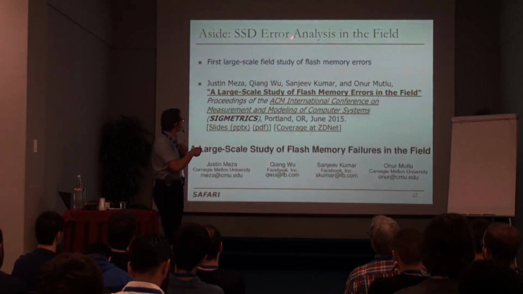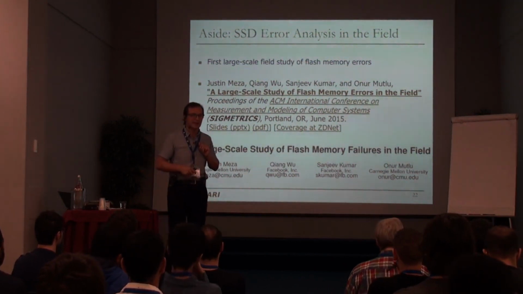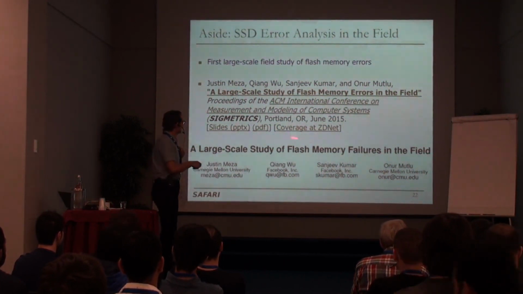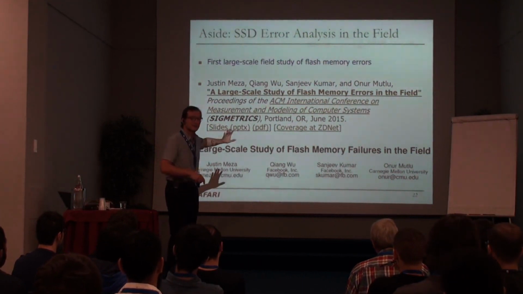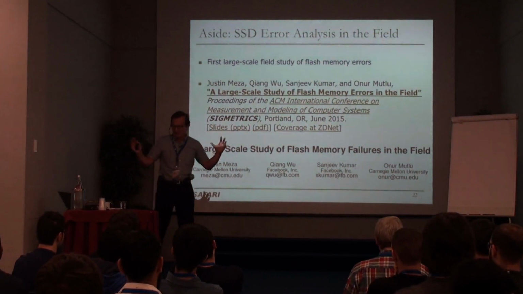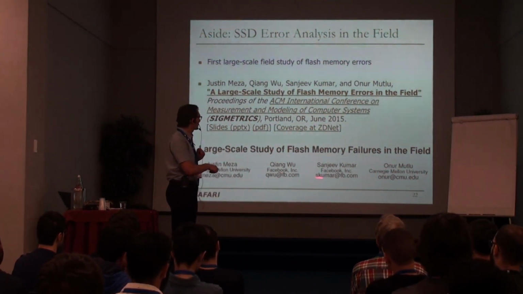We've done similar studies for flash memory, again with Facebook, but they were very open about having us analyze the errors. Maybe they didn't let us report everything, but we were able to gather insight into a lot of flash memory errors, which I'm not going to really talk about. But if you're really interested, memory errors are in the end very similar across different devices, but flash memory also has a lot of errors.